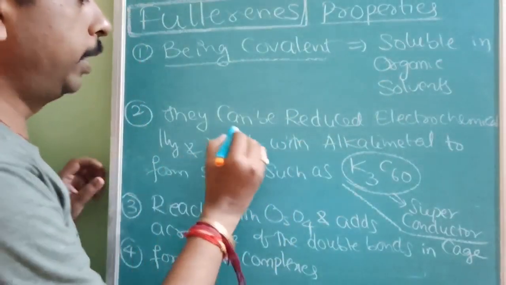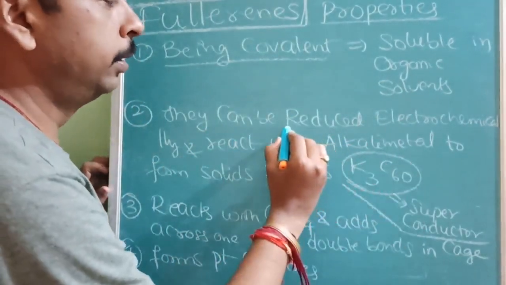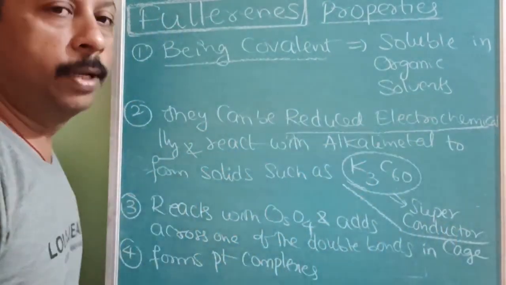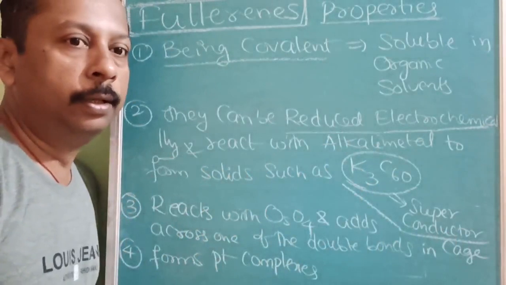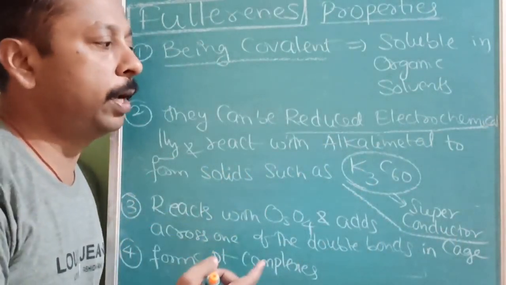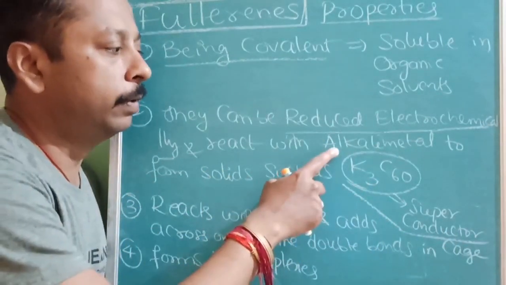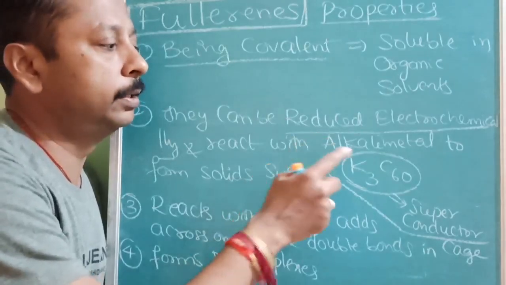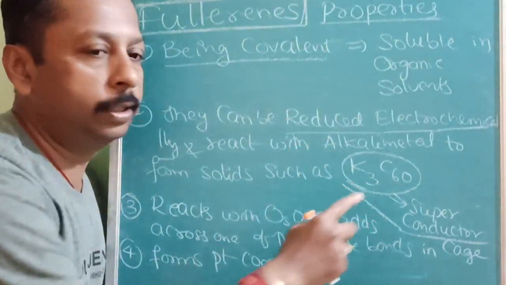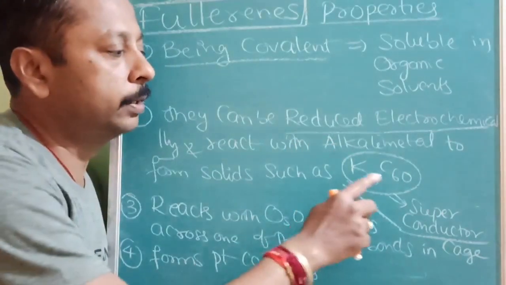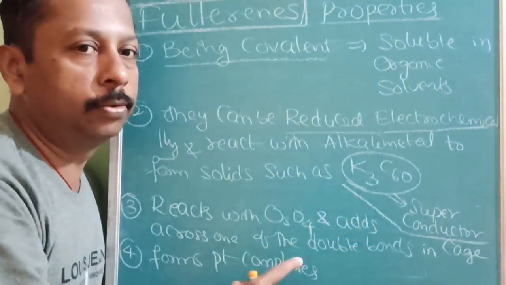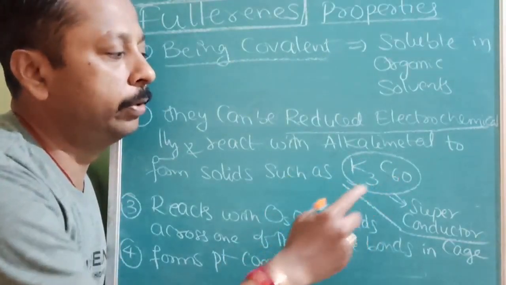The main property you will remember is that they can be reduced electrochemically. That means by using electrical energy, we can make them react with an alkali metal. Once they react, the alkali metal becomes positive and the C60 becomes negative, like K3C60. Here C60 is minus 3 and the three potassiums are plus 1 each, so plus 3. So it is reduced.